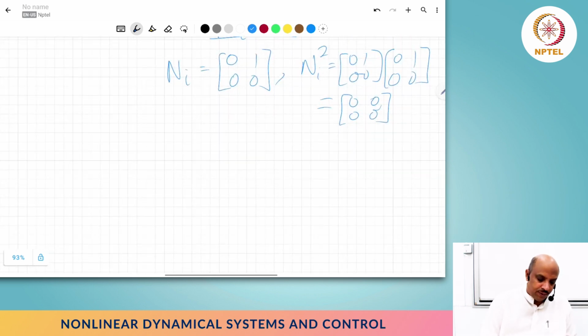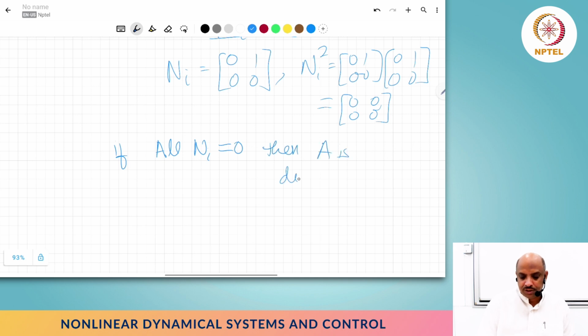So if all Ni's are 0, then A is diagonalizable, right? Therefore, this Jordan decomposition is sort of an extension of diagonalizability, but not so much because it's far more complicated than diagonalizable. S is not eigenvectors and so on and so forth.